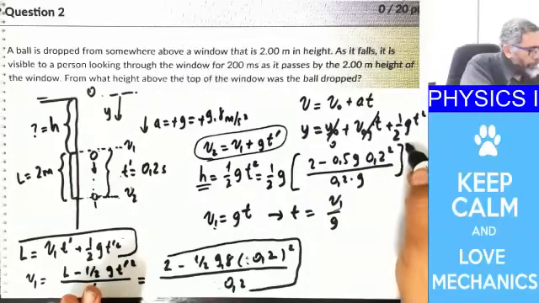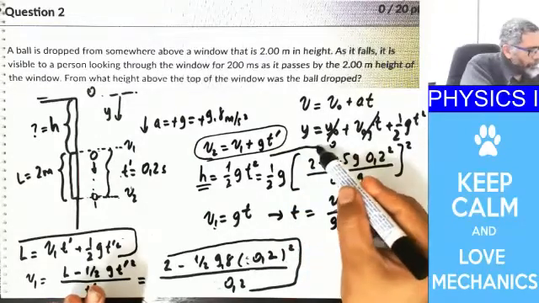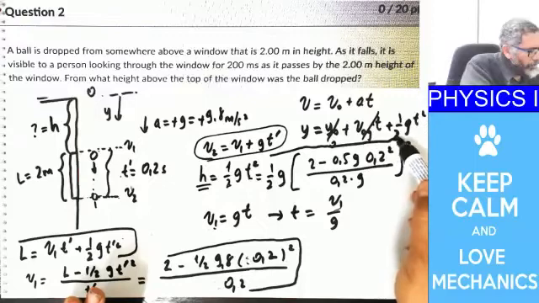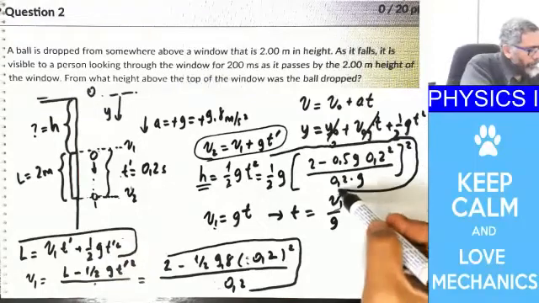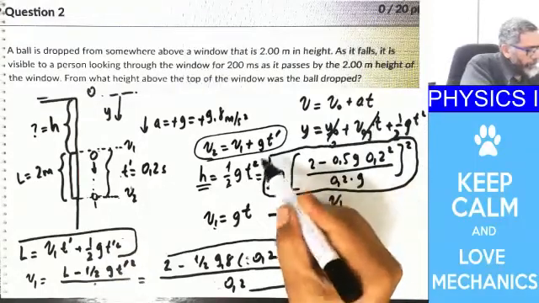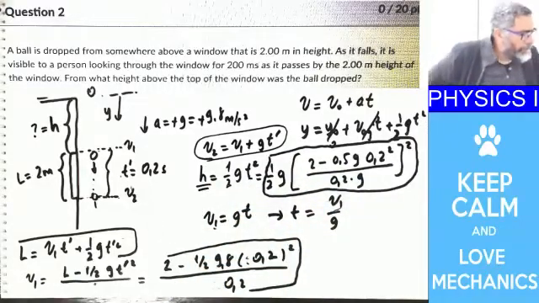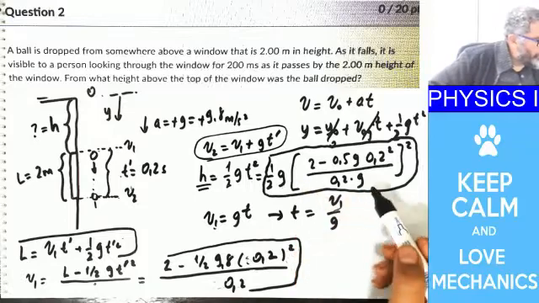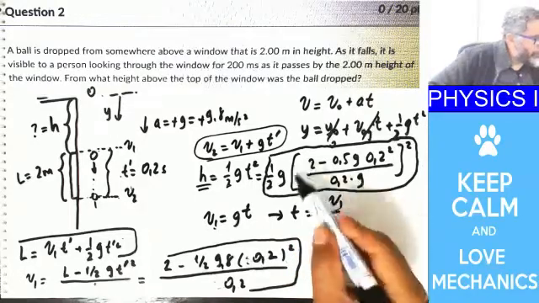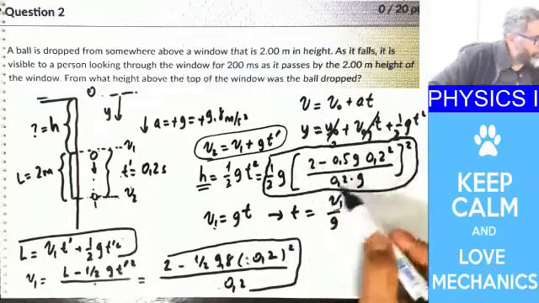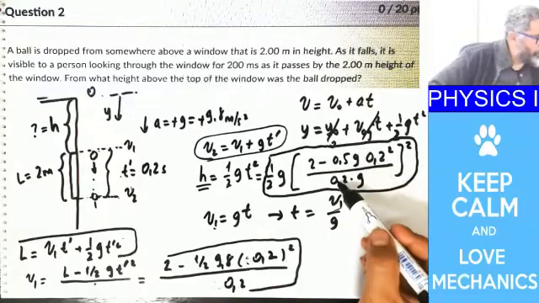And take the square of this. So this is the expression for H, the answer of the problem. This is g, 9.8, you put 9.8 over here. Take the square of this whole thing over here. And this is also g. This is 0.2.